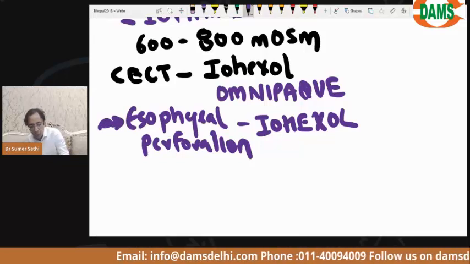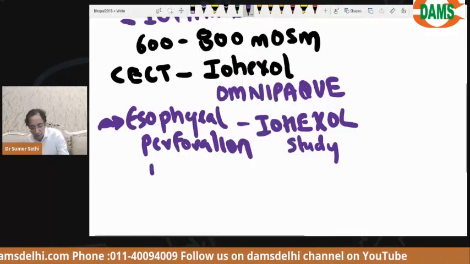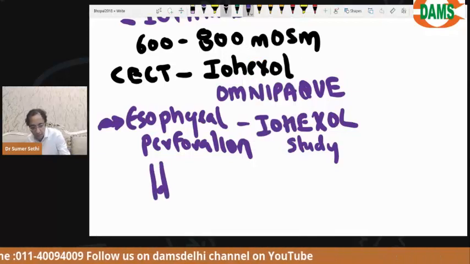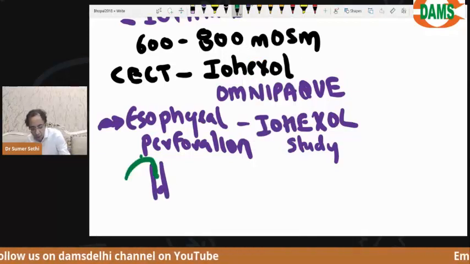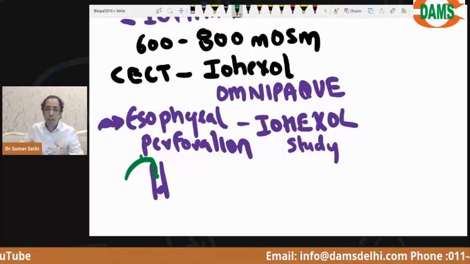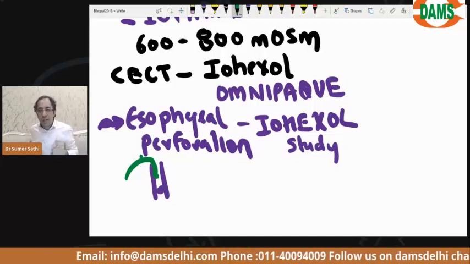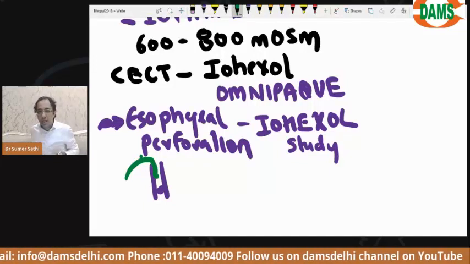The reason is that suppose you have a problem in your esophagus and I give you the dye. The dye will regurgitate, and the risk is you might aspirate the dye and it might go into the lungs.